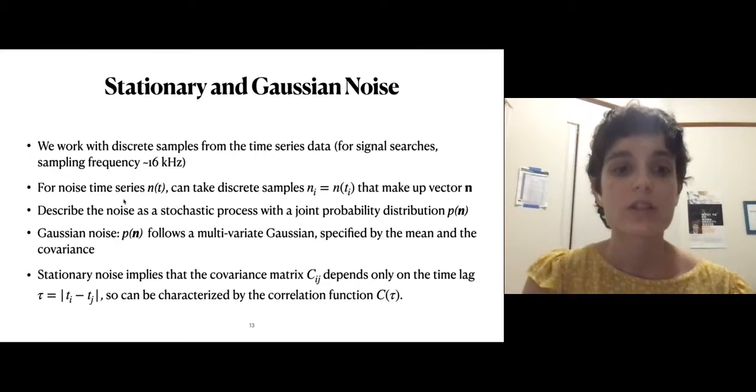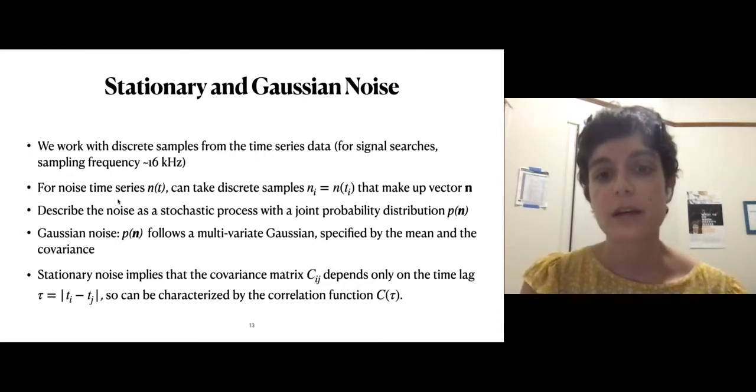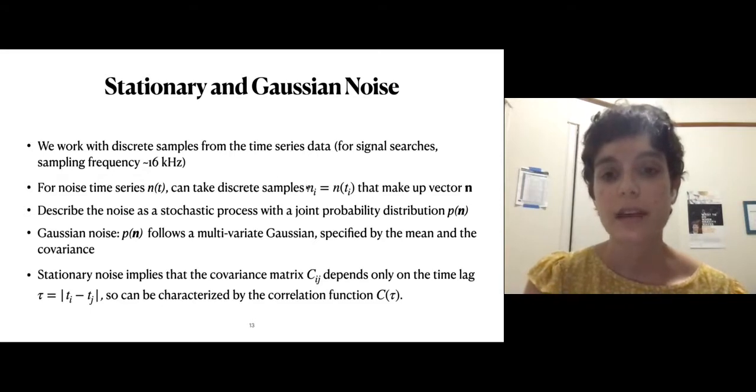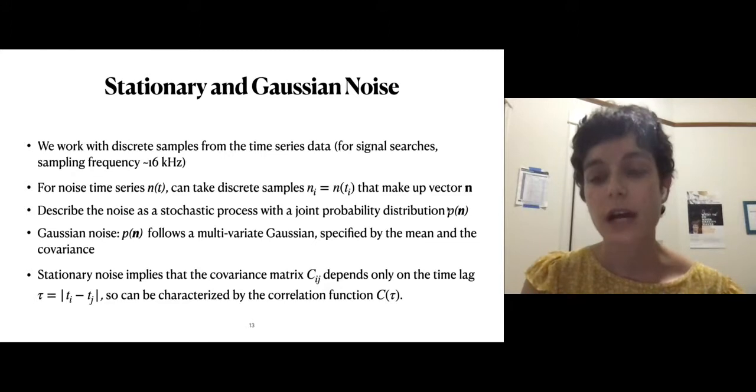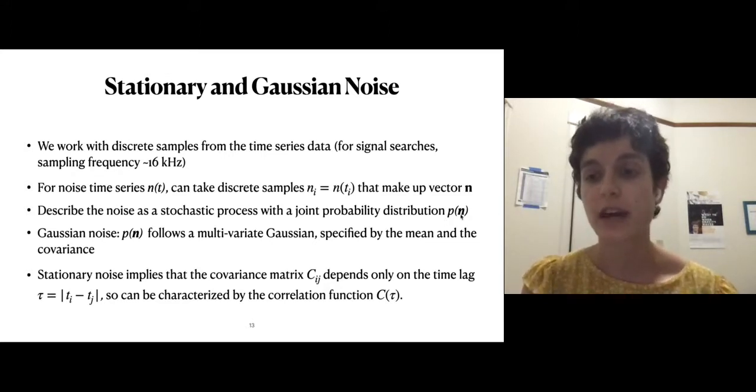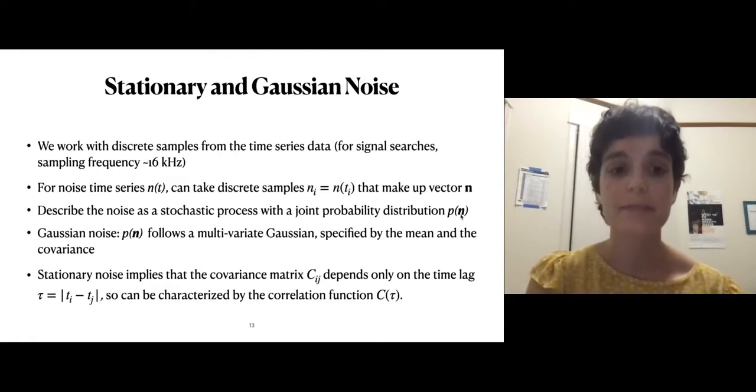And we describe the noise as a stochastic process. So these n_i follow some probability distribution, which is described as P of n, where n here is the vector consisting of all the n_i's.